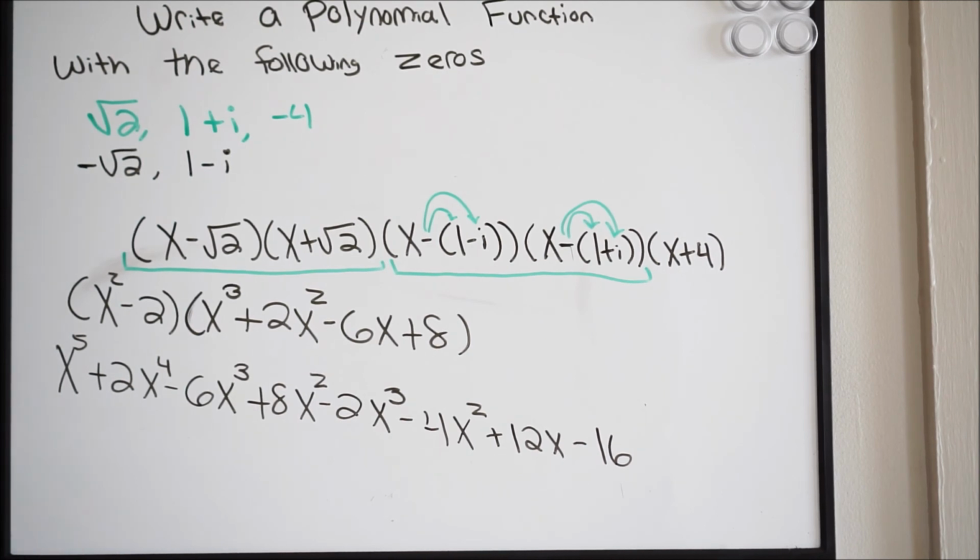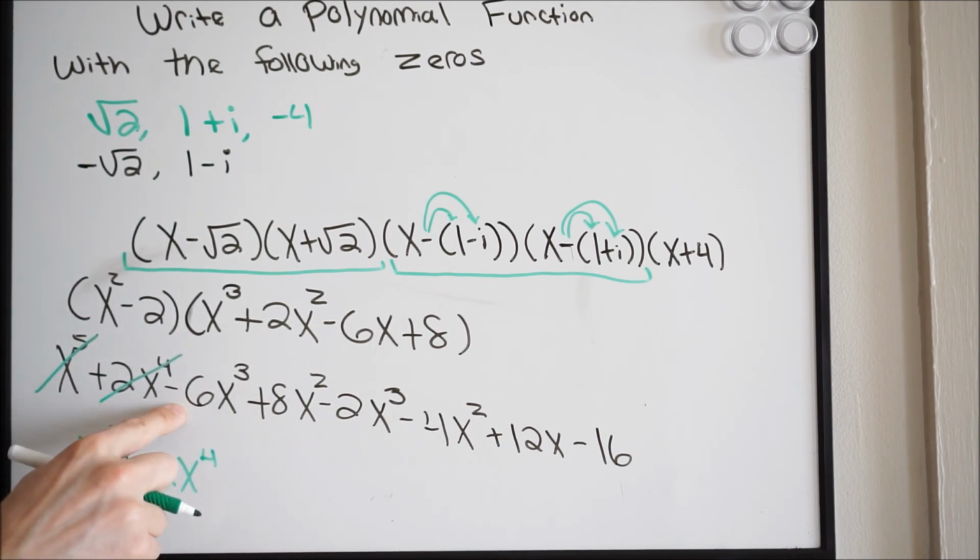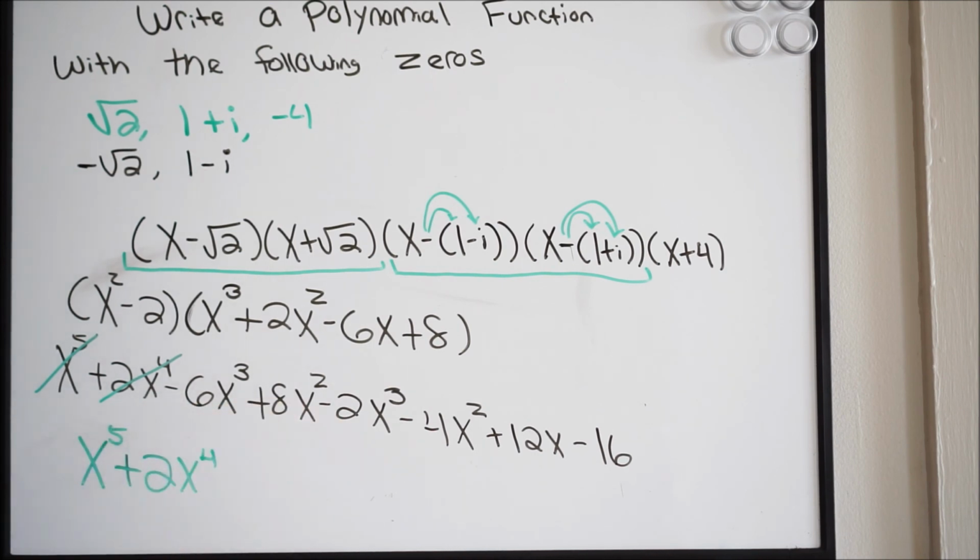So we have x to the fifth. Well, that's all we have, so we'll just write it again. x to the fifth. And actually, let's do this one in a different color. This is going to be our final answer. So we'll have x to the fifth. Okay, we're done. Then we look here to the fourth power, so that's all we have, plus 2x to the fourth power. Okay, gone. Now we have a negative 6x cubed and a negative 2x cubed.